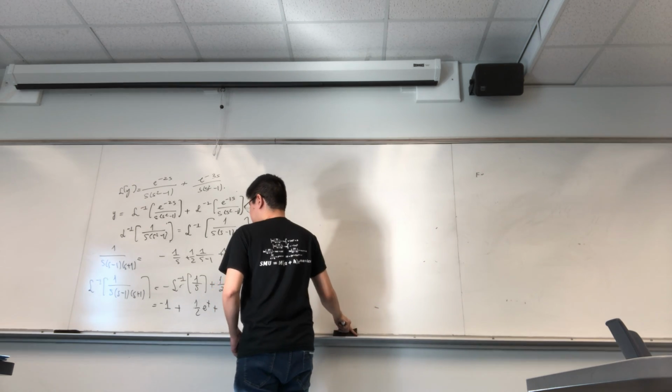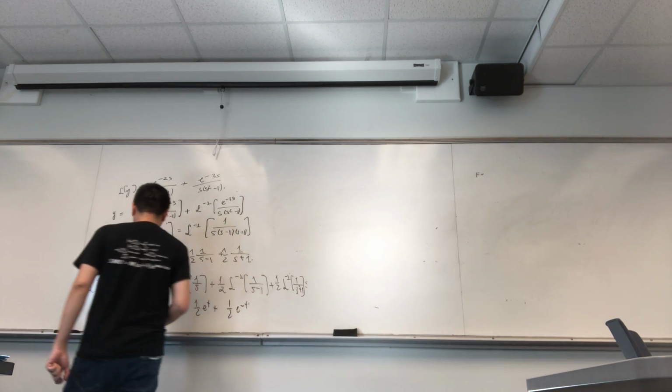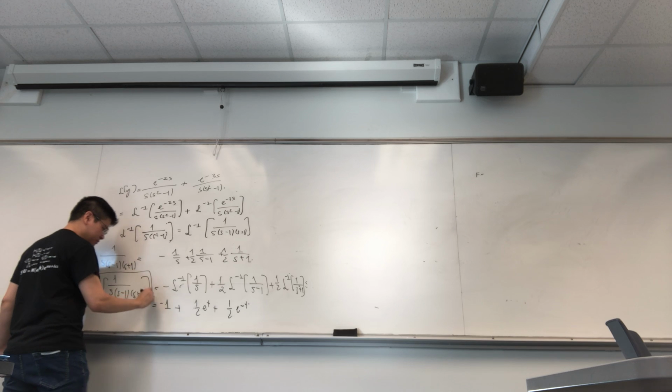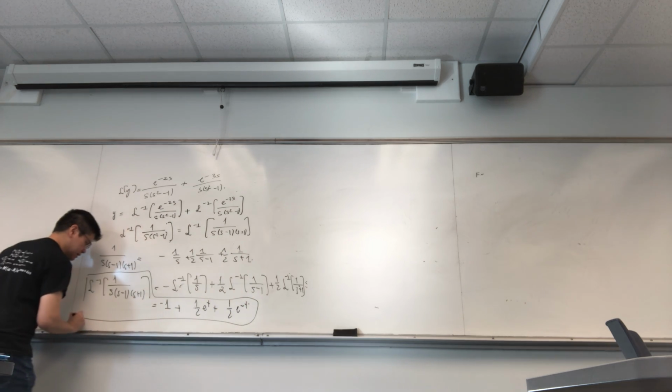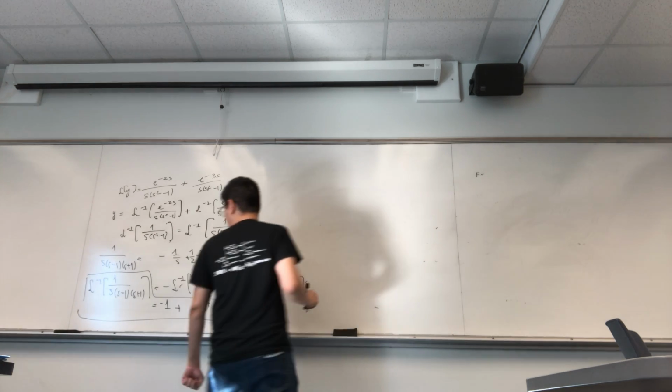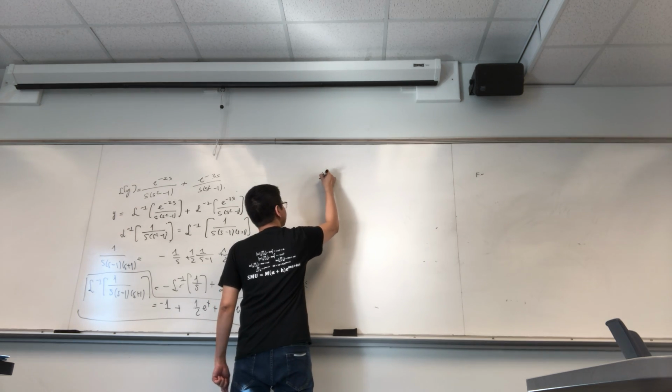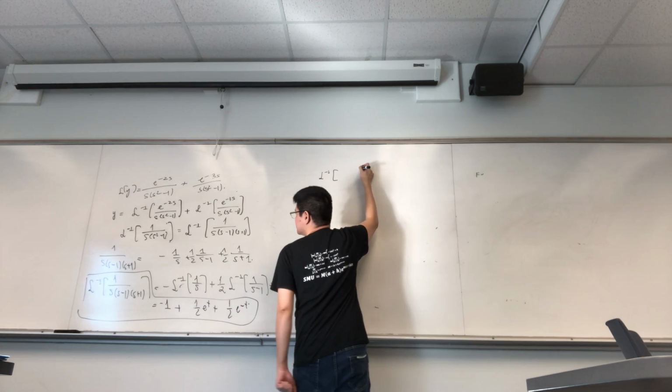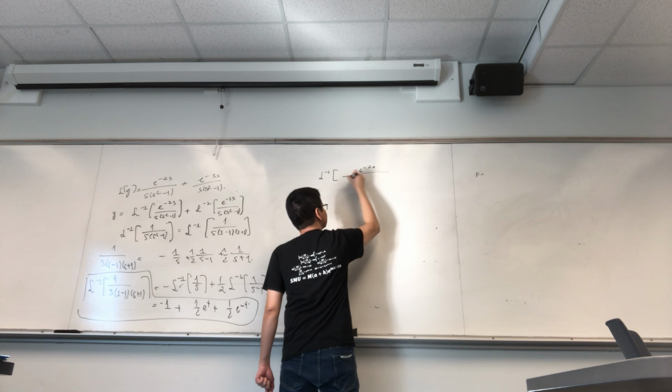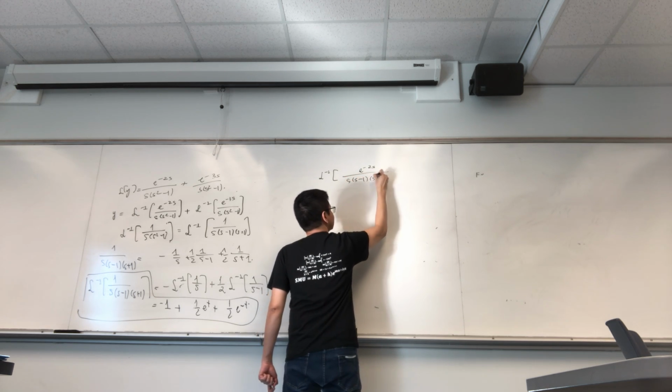Right. So now this is the inverse Laplace transform of this guy. What is the inverse Laplace transform of e to the power minus 2s over (s minus 1)(s plus 1)?